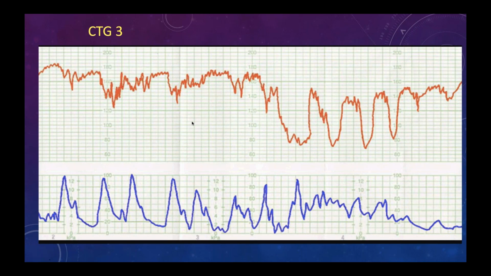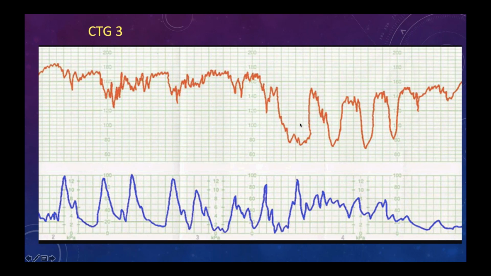Ma'am, they are not variable decelerations. They don't have any relationship with the contractions. Very good. So they are variable decelerations, and yes, W shape is there, and there is loss of variability while the patient is decelerating. So it's a concerning feature, and yes, it is more than 1 minute, so it is also a concerning feature.